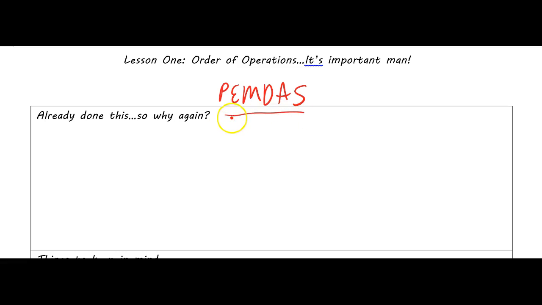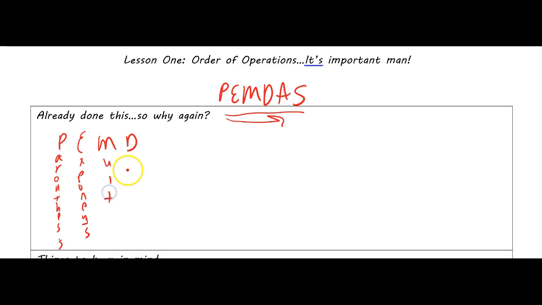So today though we're going to focus on PEMDAS and going forward, and hopefully you remember what everything stands for. The P would be for parentheses, and the E would be for exponents, and the M and the D would be your multiplication and division.